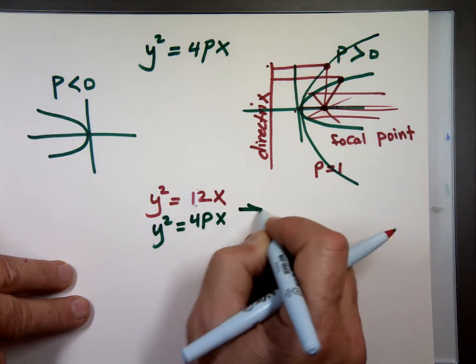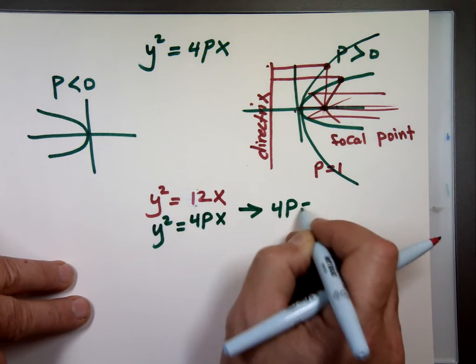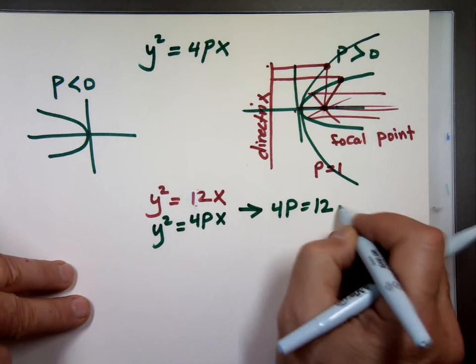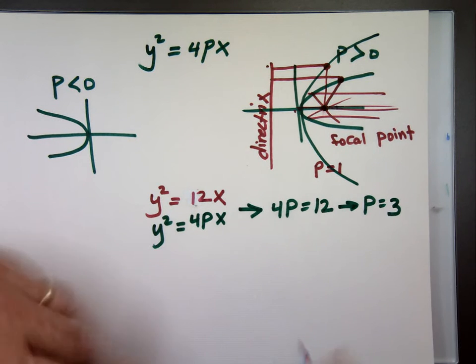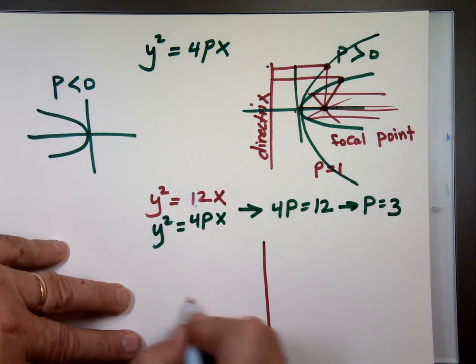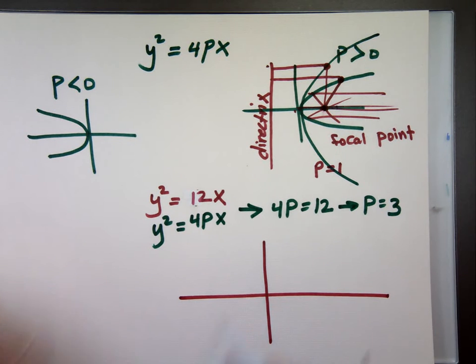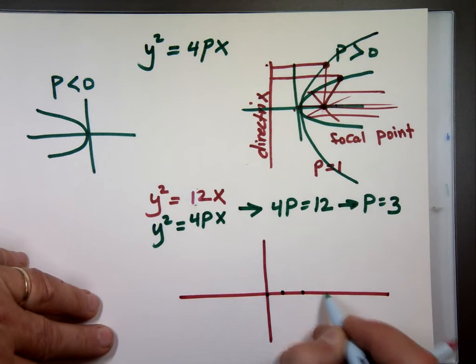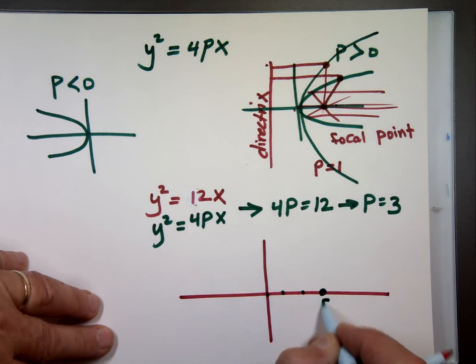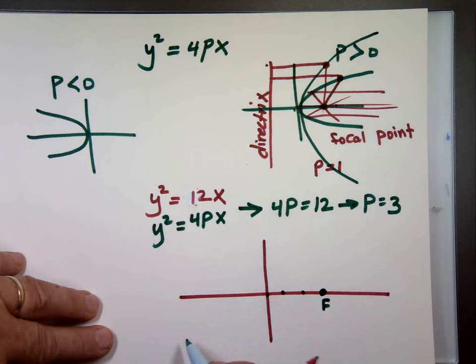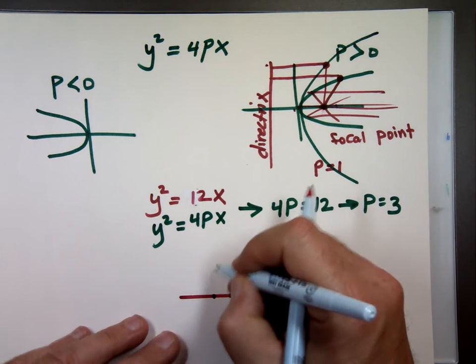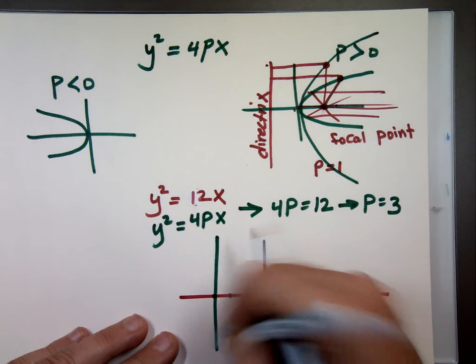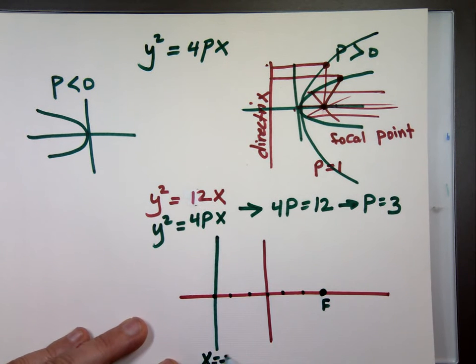That tells me 4p equals 12, which means p equals 3. One, two, three. That's where the focal point is. The directrix is going to be 1, 2, 3 back. It's going to be up and down like this. X equals negative 3. It has to be that the distance from here to here is the same as the distance from here to here.